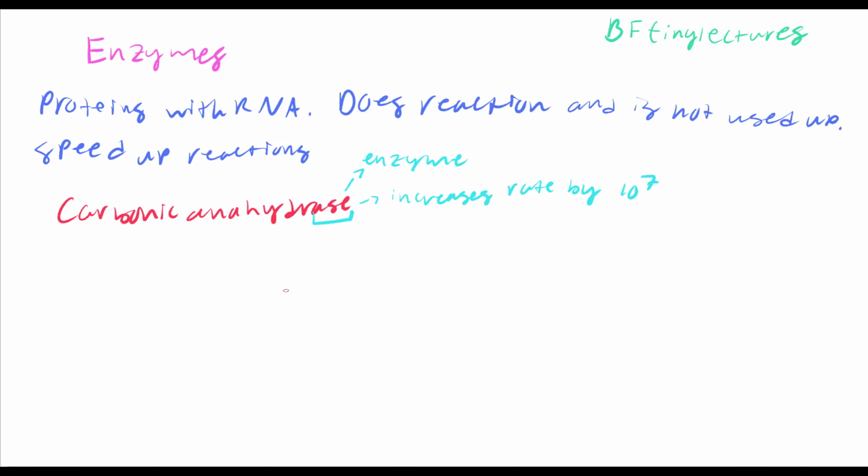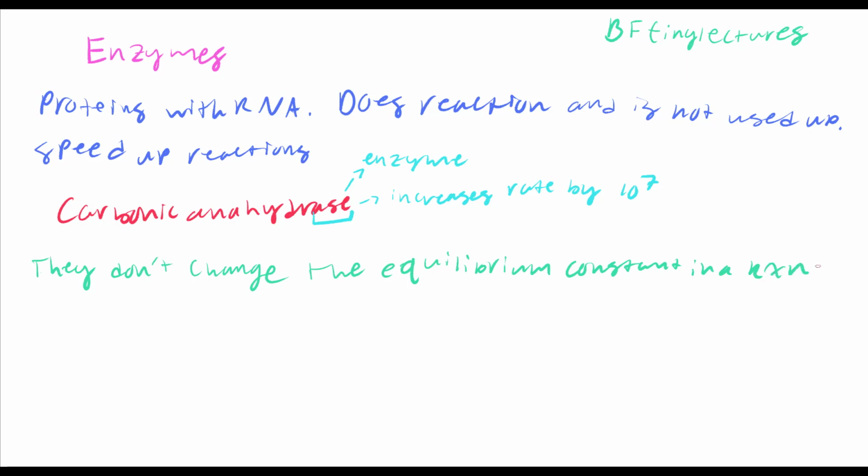Okay, now one thing is that, yeah, they speed up the reaction, but one thing that they do not do is they don't change the equilibrium constant for the reaction. Okay, that's nice, but what does that mean for us?